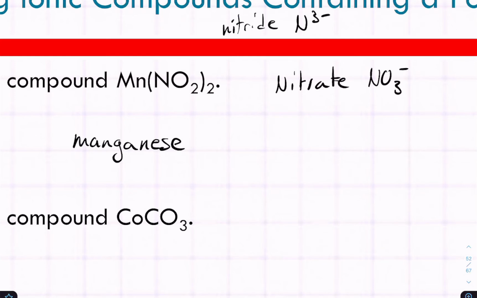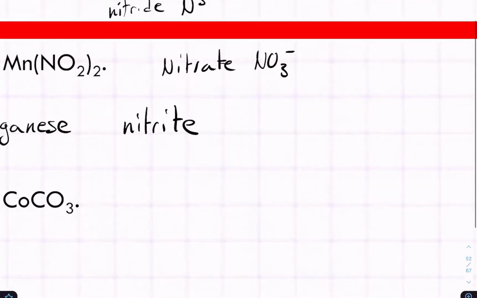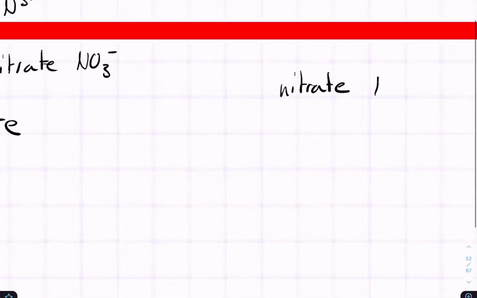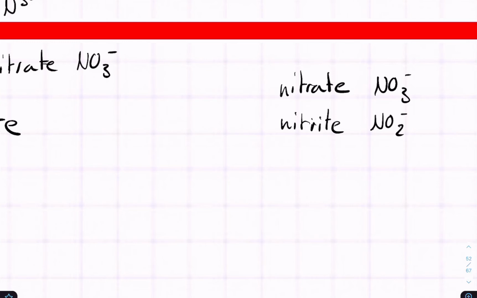It's nitrite, I-T-E. I know, there's a lot of them. But this is one of the oxyanions. So NO3 minus is nitrate, nitrite is NO2 minus, hyponitrite is NO minus.